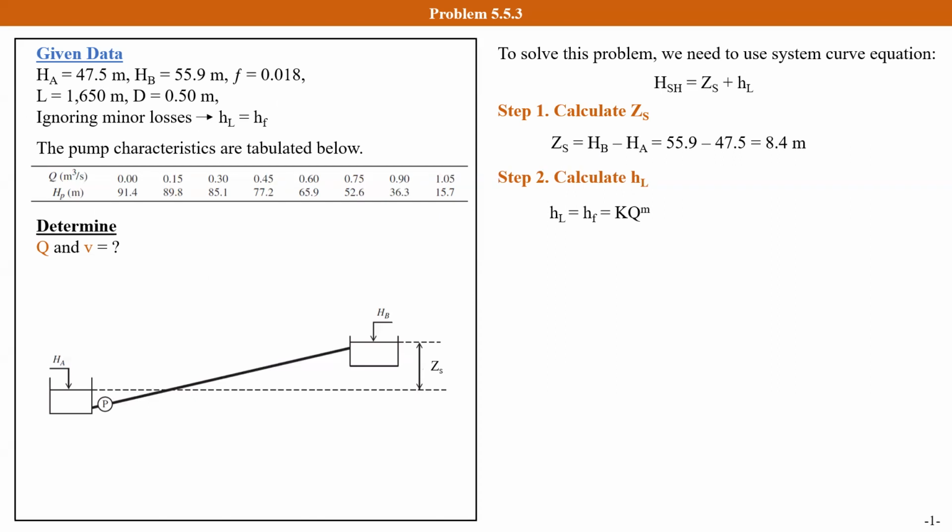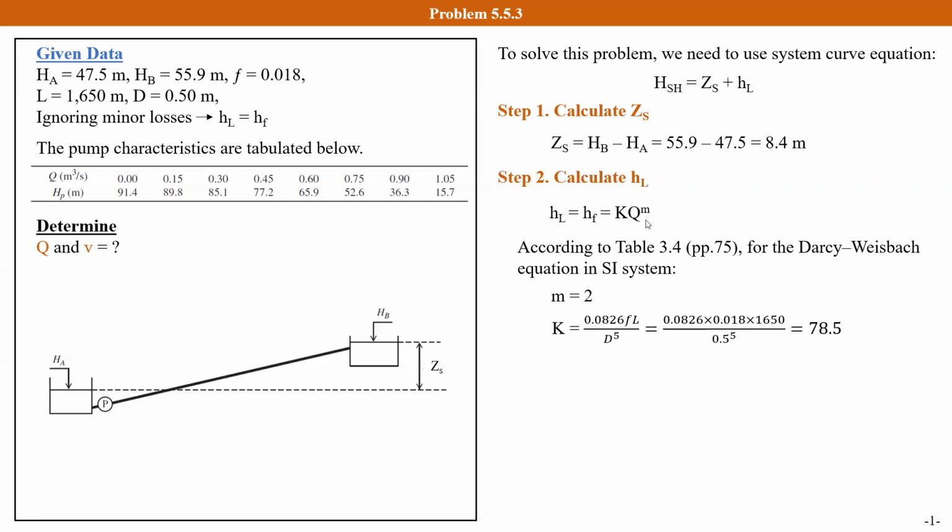It equals K times Q to the power of M. Based on the information given in table 3.4 for the Darcy-Weisbach equation, we know that M equals 2, and based on the given values of the friction factor, the length, and the diameter, we can calculate the value of K. It equals 78.5.